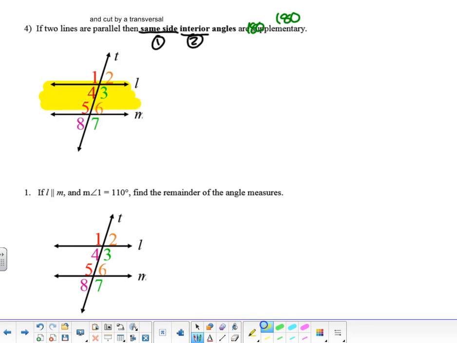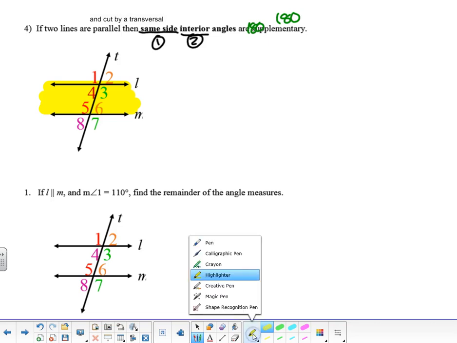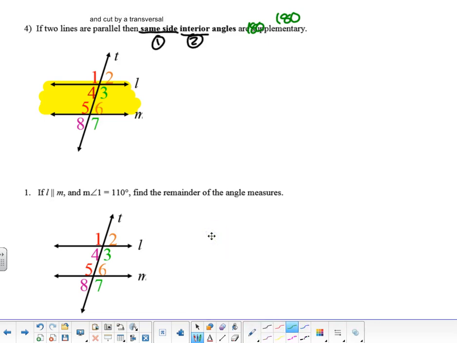A number of years ago, I was teaching this one day, and I was just trying to get people excited. As I was coming into class, I got fired up and I go, when they're on the same side and they're on the inside, they're supplementary.